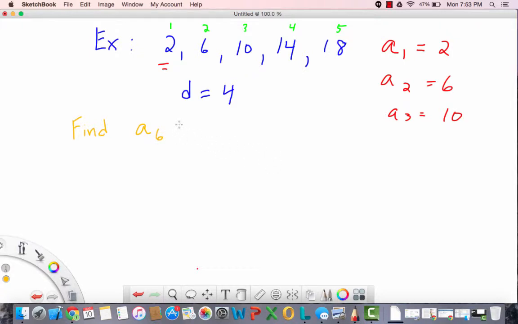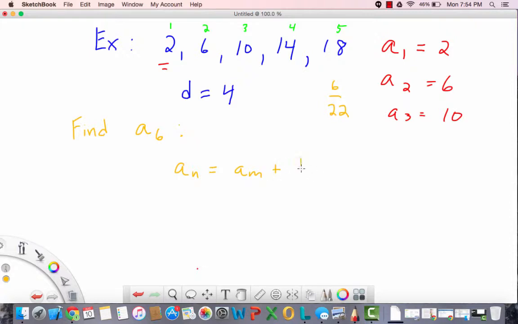Now, just by looking at this sequence up here, we know that the sixth term would be found by adding 4 to 18. So it should be 22. So can we use this formula to figure that out?